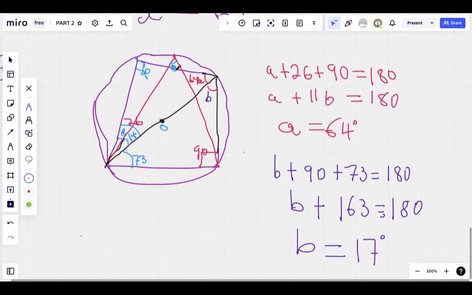They want us to find this angle theta. Now they are standing on this segment.